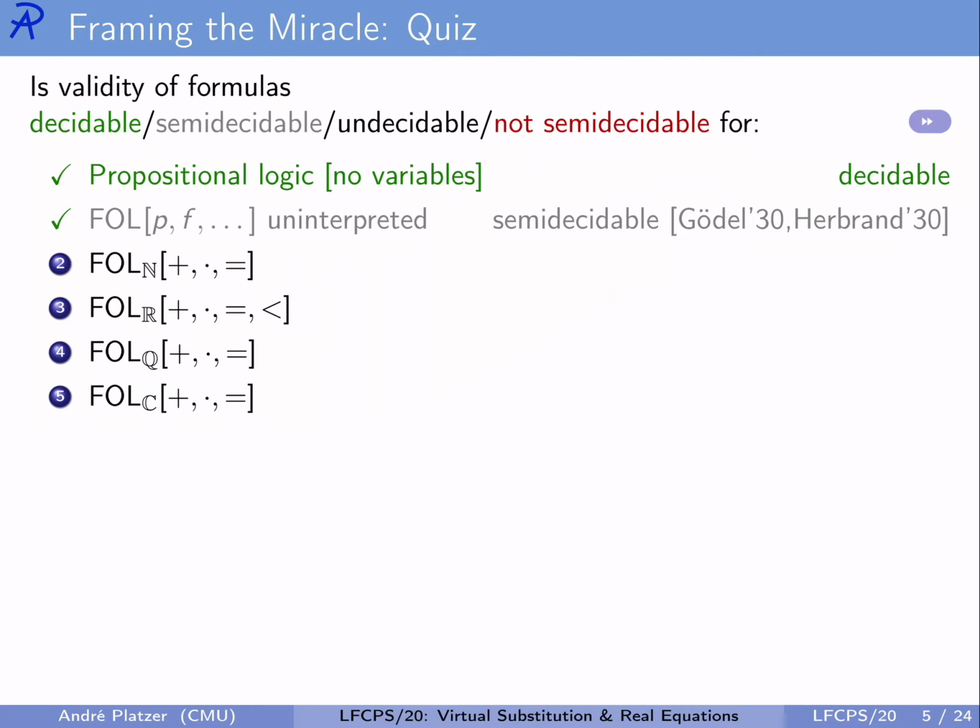Well, in that case, the logic over natural numbers is actually not even semi-decidable, by a shocking result of Kurt Gödel from 1931, which means for natural number arithmetic, no matter how innocent that sounds, it's impossible to give an algorithm that says yes when the answer was yes, says no when the answer was no, or just settle for one of the two. In a certain sense, you have to be lucky in order to find a proof for natural number arithmetic.